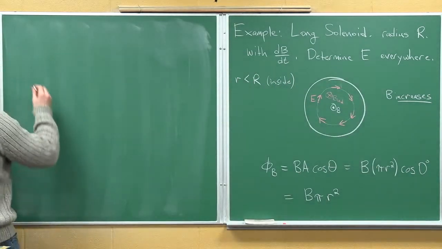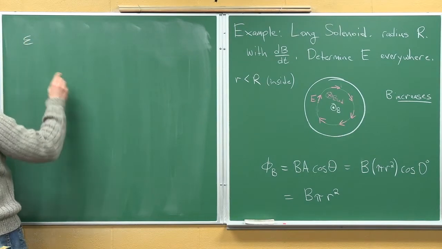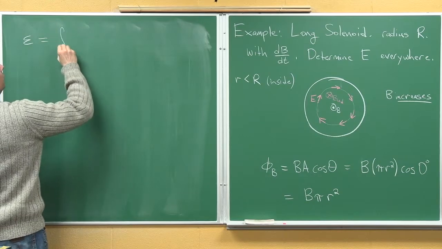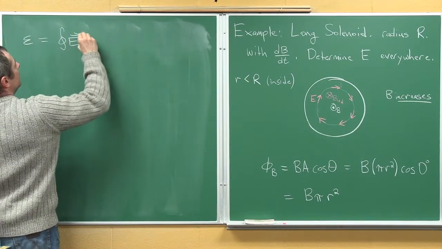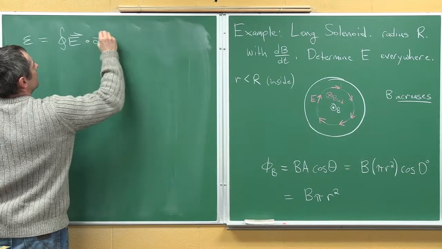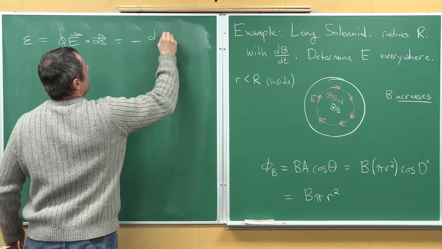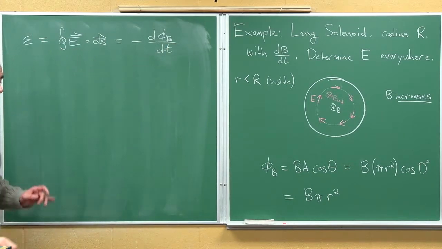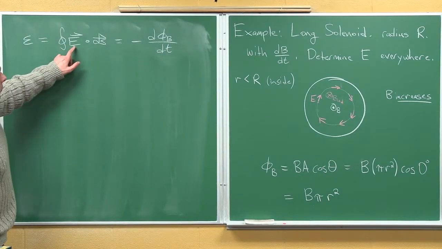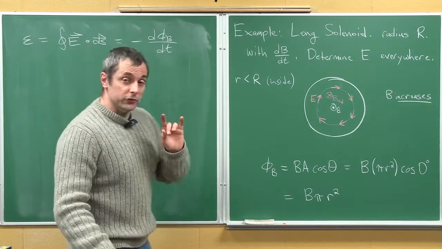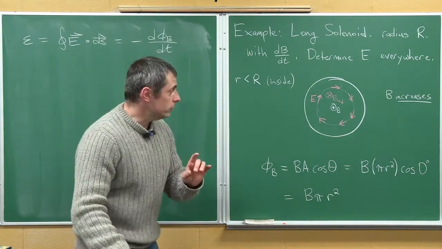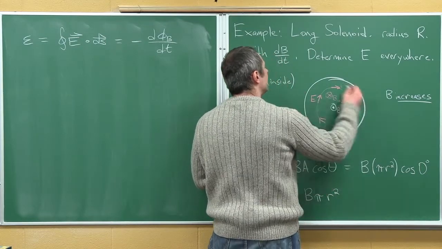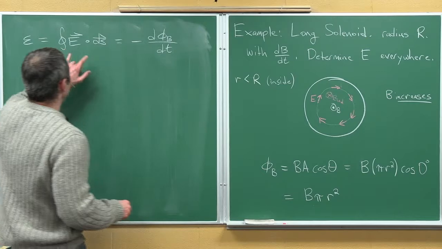Okay, so as I said, the voltage around that path, which is equal to the integral of E ds, will be equal to the time rate of change of the magnetic flux. But since from symmetry arguments I can conclude that the electric field is constant all along this path, and it lies along this path, this is kind of like Ampere's law.